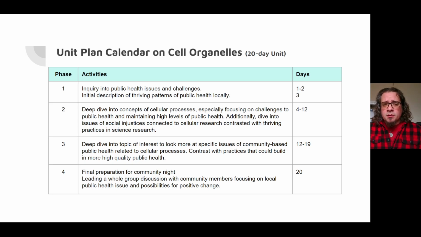So additionally, we can also dive into the issues of social injustices connected to cellular research, contrasted with thriving practices in science research. So, as I said before, Henrietta Lacks, and Rachel Carson, her work with DDT, her work with the oceans, Rosalind Franklin, her work with X-ray crystallography and the DNA molecule, and the patriarchy and harassment that happened there.